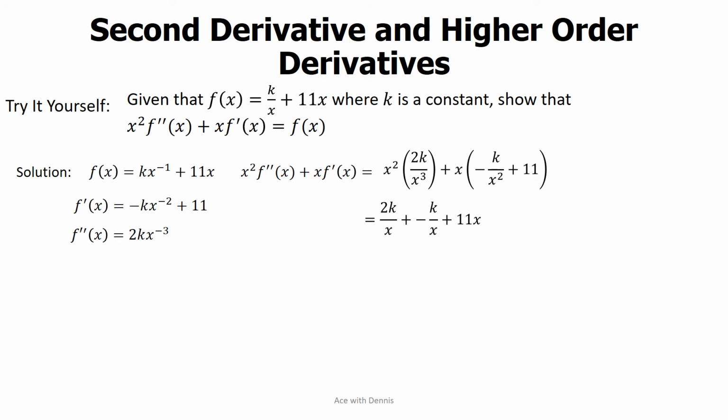So we expand, we get 2k over x plus negative k over x plus 11x. So we simplify, it becomes k over x plus 11x, and we find that it is equal to f(x). So which is this one. Therefore, we have shown the equation.